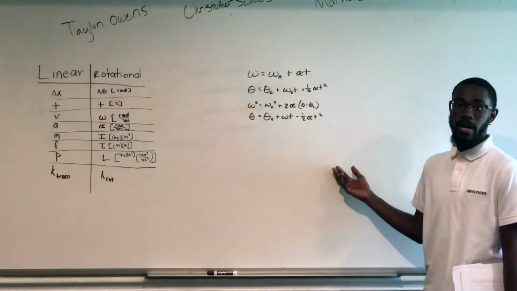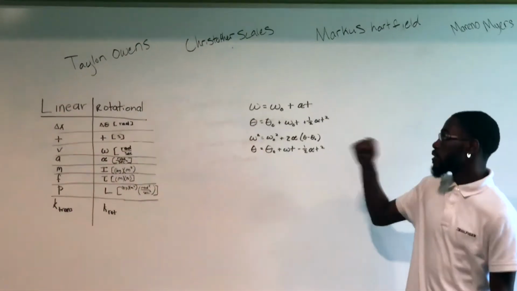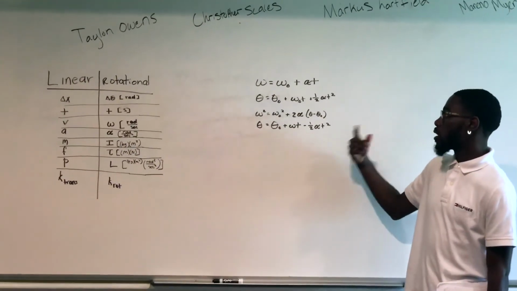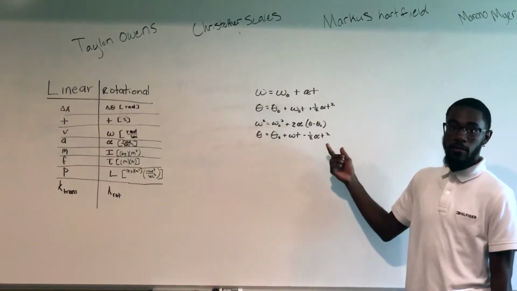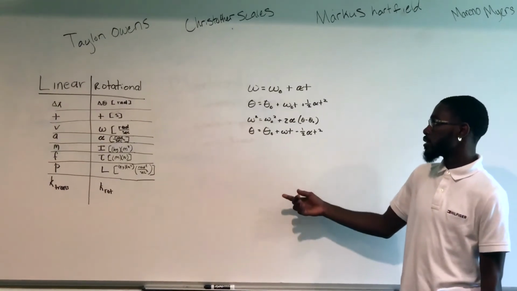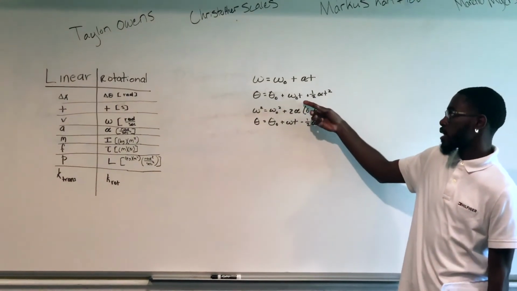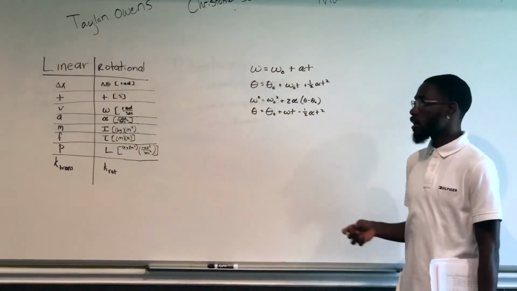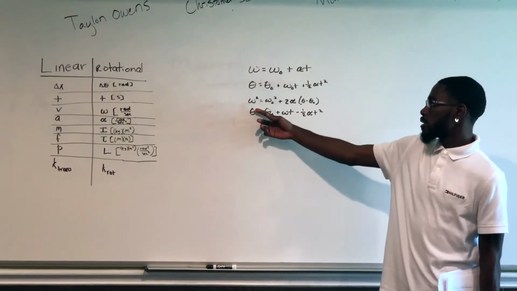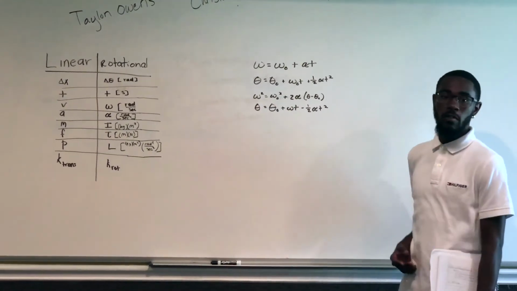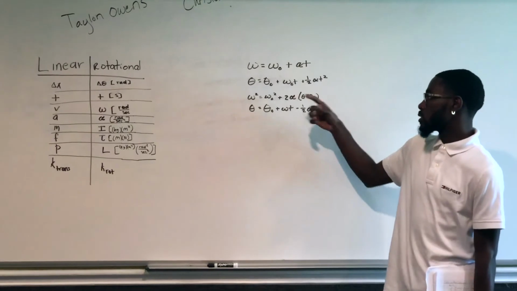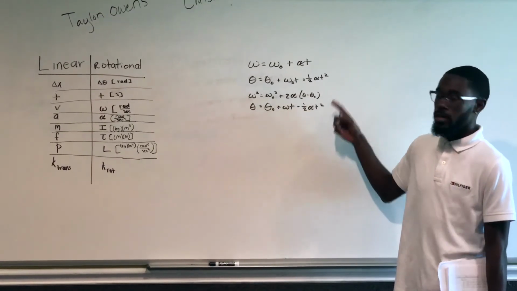For the kinematic equations, we have omega equals omega initial plus alpha times time. Theta equals theta initial plus omega initial times time plus 1/2 alpha times time squared. Omega squared equals omega initial squared plus 2 times alpha delta theta.